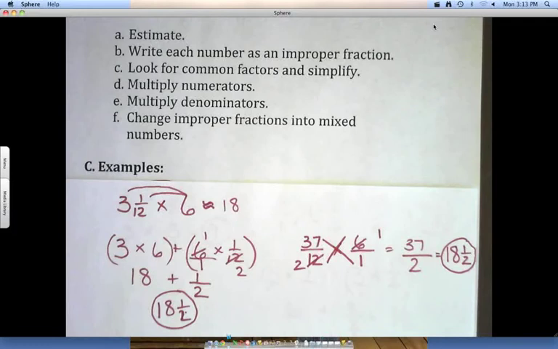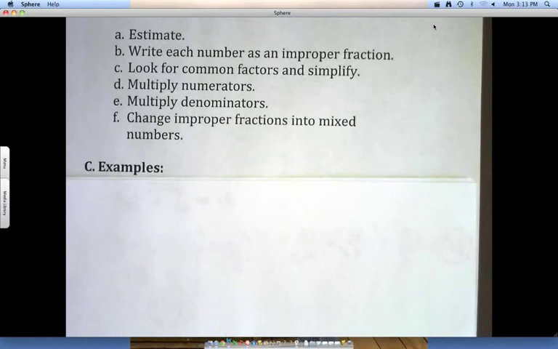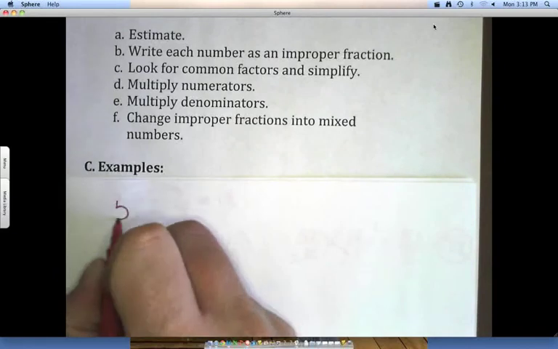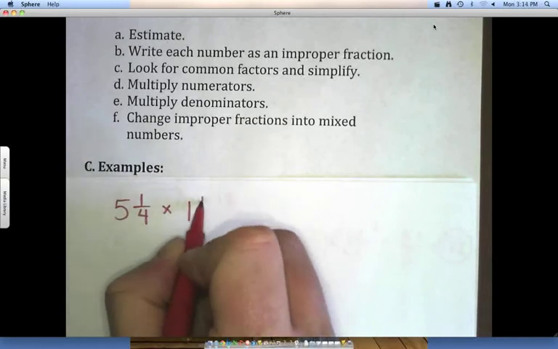Let's do another example problem. I'm going to take 5 1/4, and I'm going to multiply this by 1 4/7.